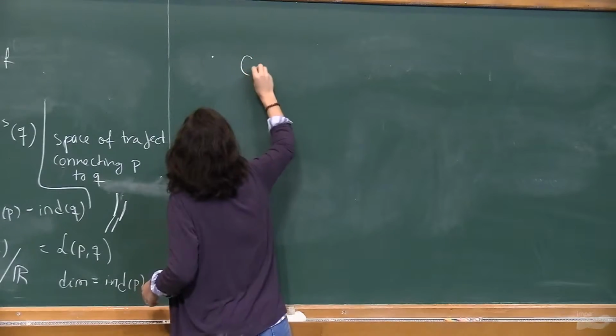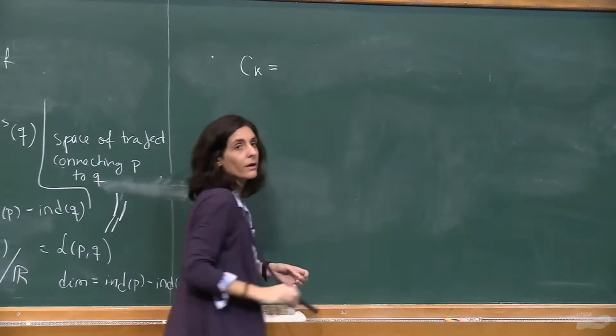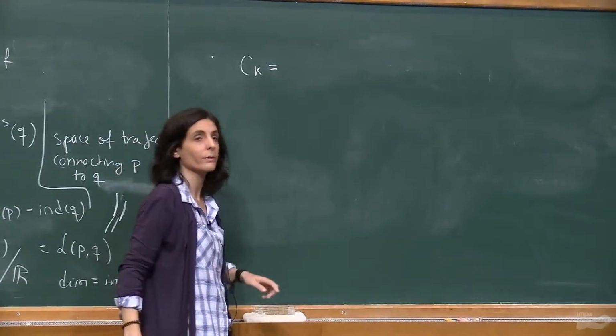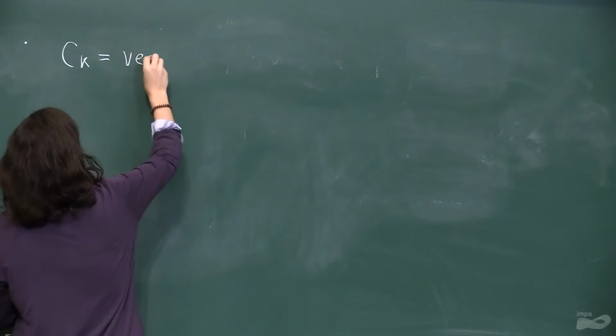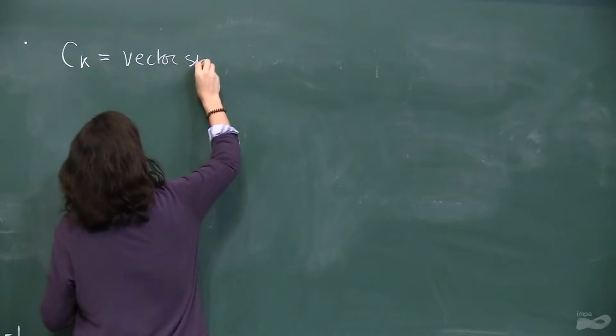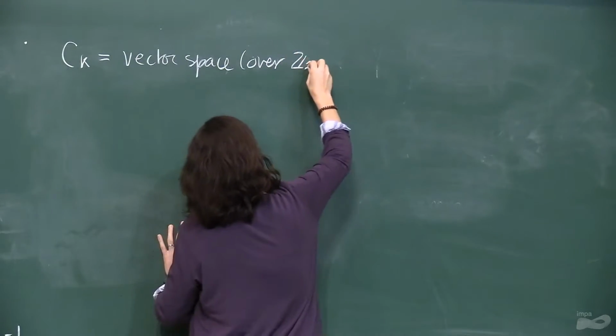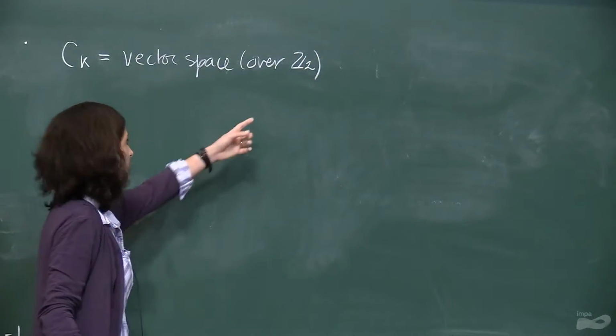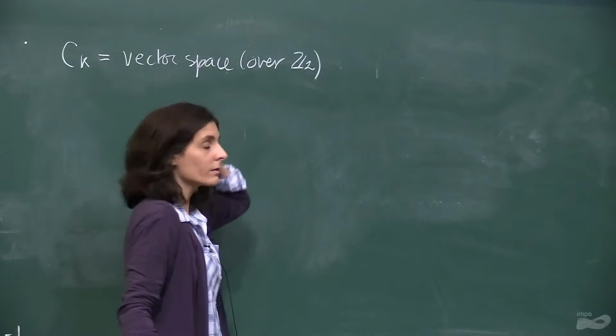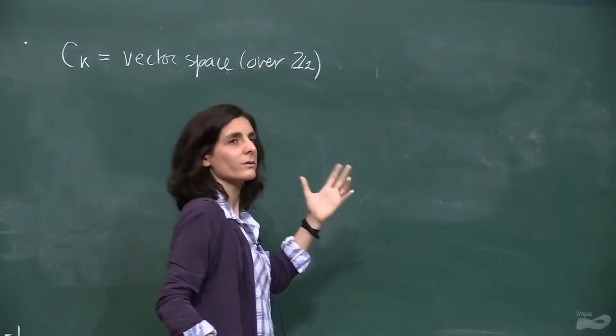To define the Morse complex, we'll consider vector spaces, which I'll denote by C_K. So this is a vector space. I'll think of it over Z2. The important part here is that this is a field, okay? Well, it's more than that, we'll see.